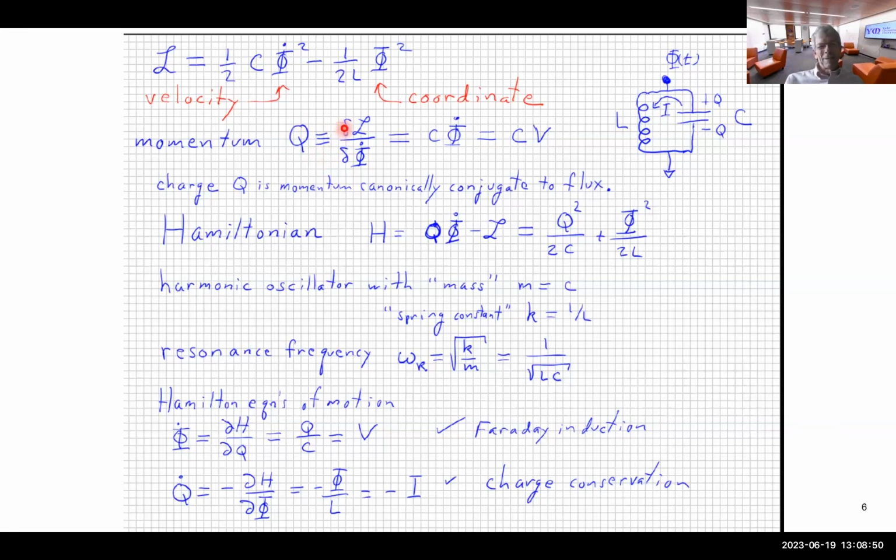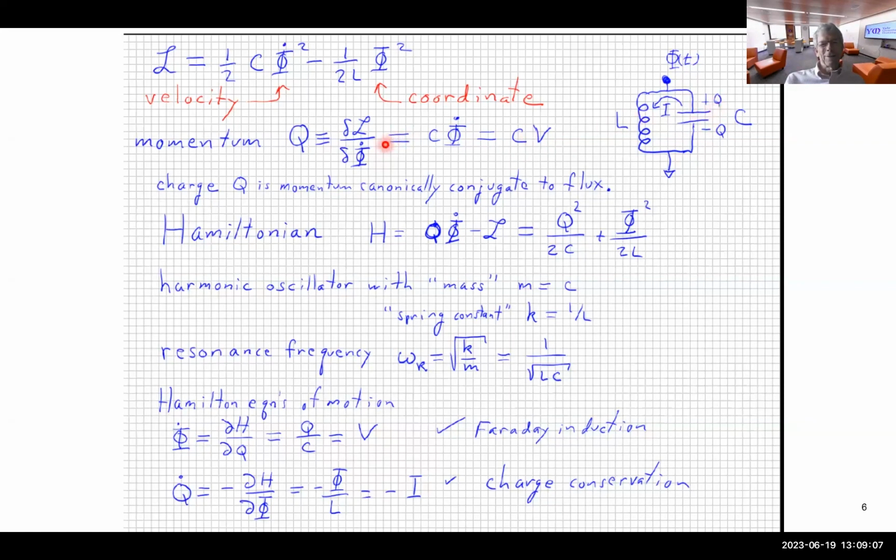And it's the derivative of the Lagrangian with respect to phi dot. And that's C phi dot, which is C times voltage, which is, of course, the charge on the capacitor.